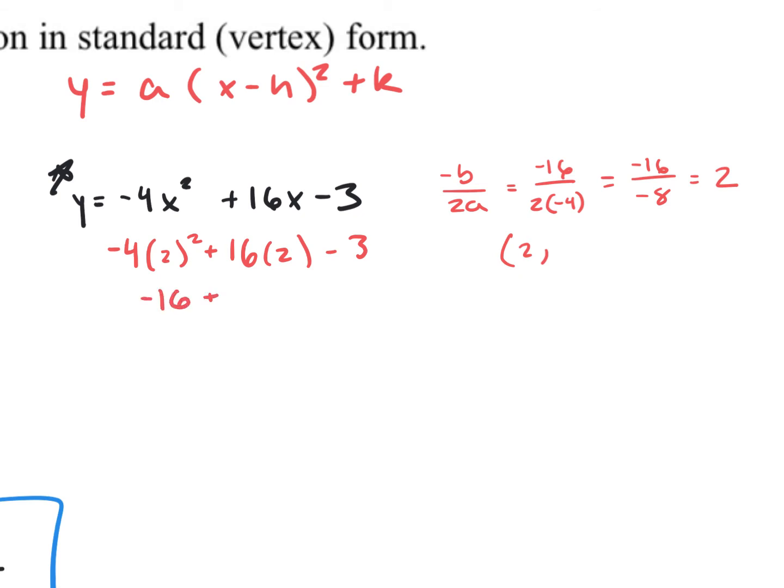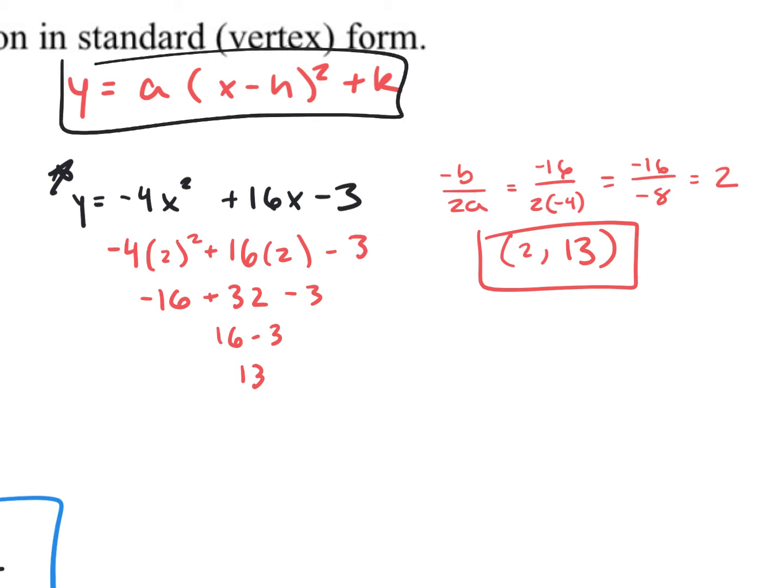Plus 2 times 16, that would be 32. Minus 3, so this would be 16 minus 3, which is 13. So my vertex is 2, 13. I can plug it into my vertex form here, just by plugging in, this would be h and k. So I have y is equal to a times x minus h squared plus k.